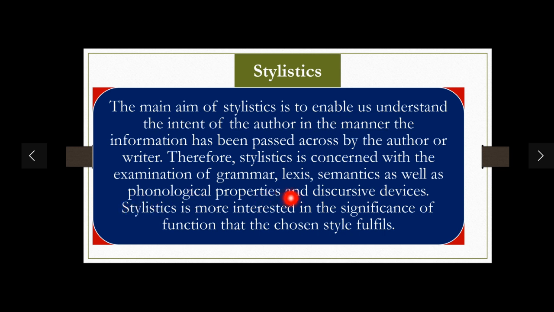So this is another part: stylistics is concerned with the examination of grammar. We examine the grammar, and through it we know why, for example, the writer may choose active voice, or the writer may use passive voice, or sometimes the agent or the subject might disappear. So this is the manner through which a writer or a poet or an author writes a piece of literature or a piece of language.